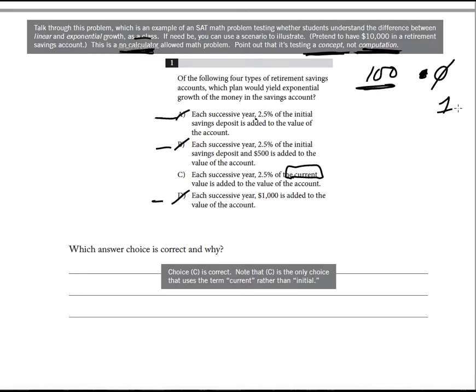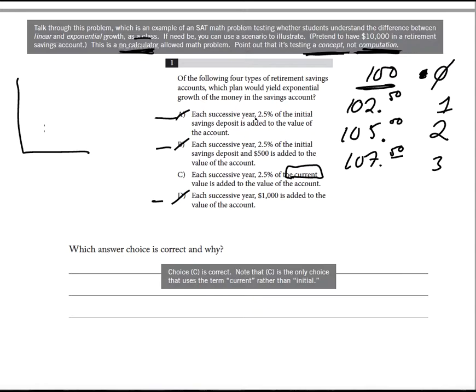One year later, I would get 2.5% of that, which would be $2.50, so then I would get $102.50. In year 2, I'd get another $2.50, $105. And in year 3, $107.50.